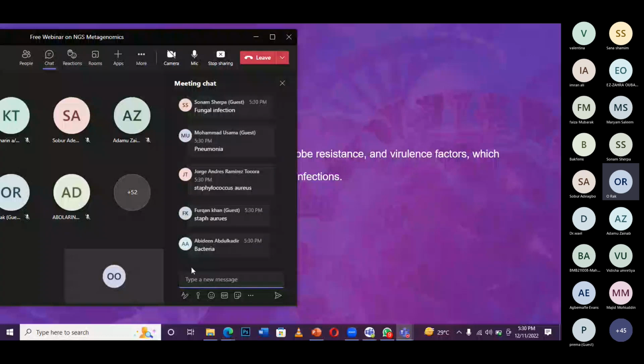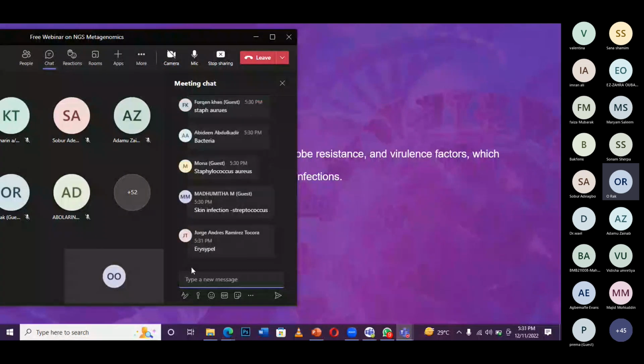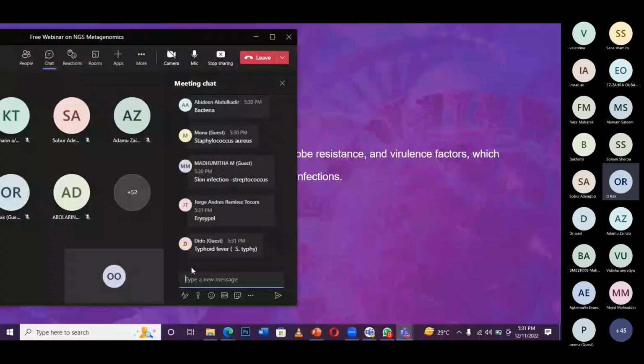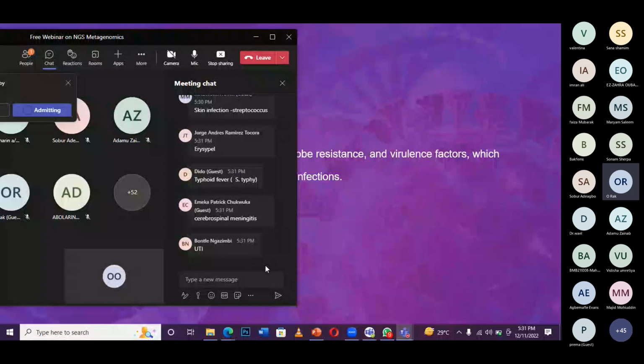Now, that shows that Staphylococcus aureus is a pathogenic bacteria, and for it to cause this skin infection, it shows that Staphylococcus aureus possesses a particular gene or some genes that encode the virulence nature of its genome, or itself as an organism, to cause skin infection. I hope that is clear.